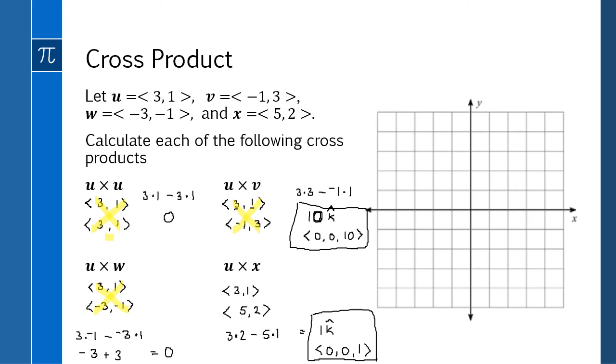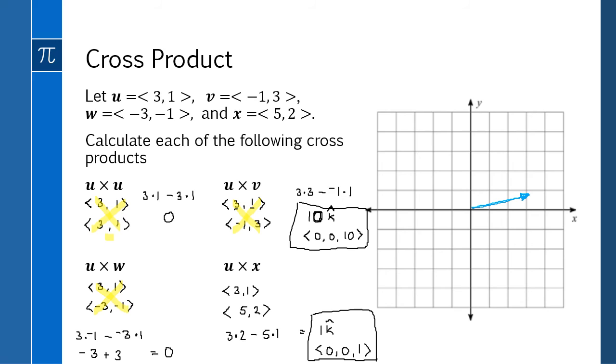Now let's make sure this all makes sense graphically. If we do u cross u, the first problem that we did, and we ended up with a value of 0, well, if I do vector u right there and vector u again, those don't make a parallelogram. If the cross product represents the area of the parallelogram, there isn't one, so that makes sense.